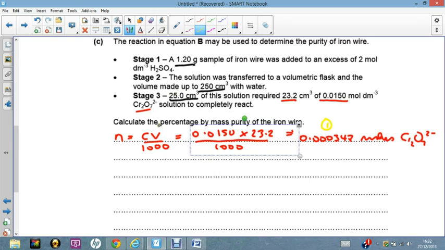Again, if you're going through a paper like this and you look at this question and you don't know anything else that you can do about it, then you could at least look at this and think, right, I could do n equals CV over 1000 and get the mark for the moles on this.